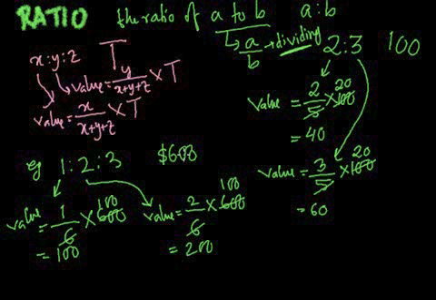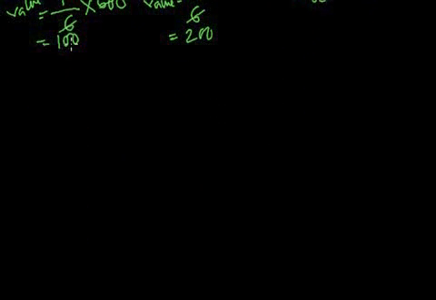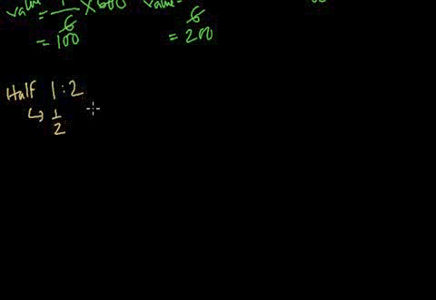Now usually the sums regarding ratio use certain terms like 1/4, 2/5, 3/4 and so on. What does that mean? So for example, half means 1:2, which means 1 divided by 2, which also means 0.5.